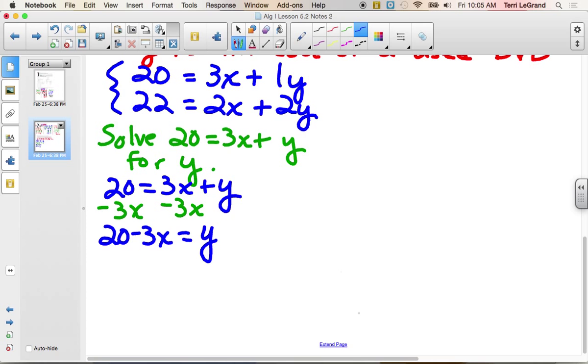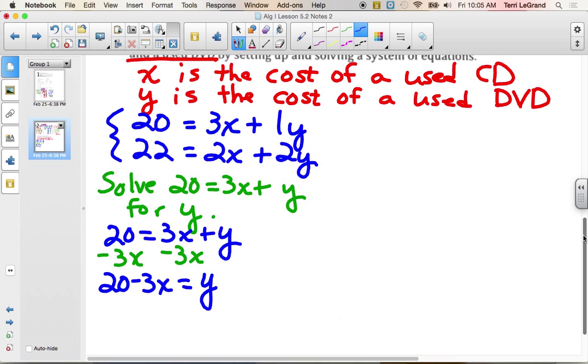So now I just renamed this equation. It became 20 minus 3x equals y. And the other one we're leaving just like it is.